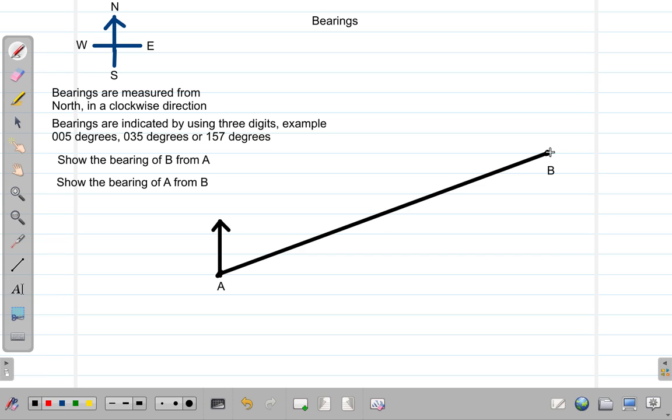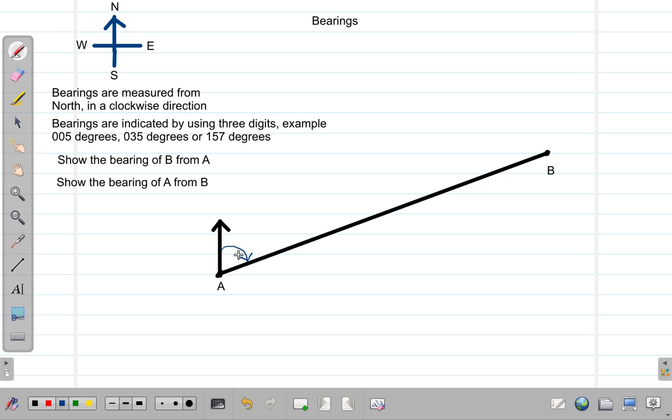Now that you have these lines, your north line at A and your line joining A and B, it means you have your angle right here from the north in a clockwise direction. Alright?